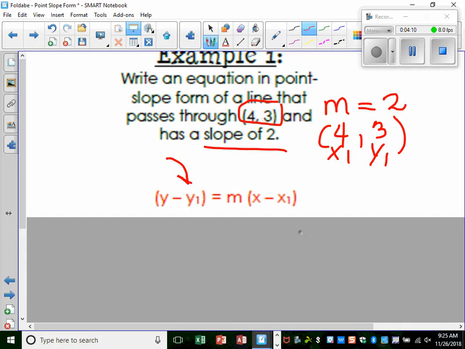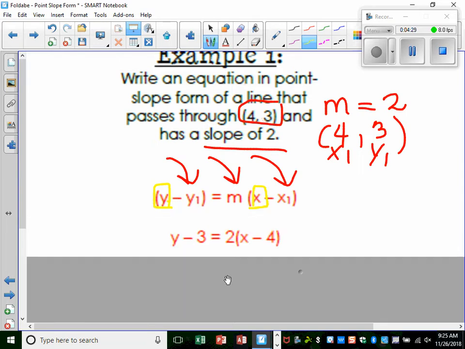So we know the y1 number will go there, we know m will go here, and we know x1 will go there. And I've already told you before, these two will just remain there. You don't need to fill those in. So this one is just a matter of dropping the numbers into their right places, and there's your answer. My y1 number was 3, it goes right here.